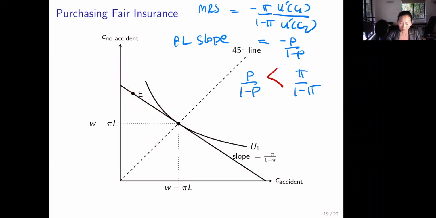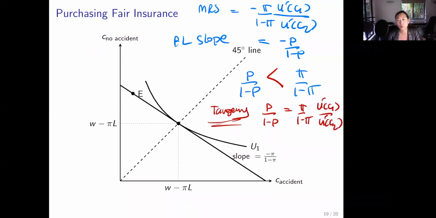Then the tangency condition: MRS has to be equal to the slope of the budget line. If it's not equal, then we're not going to have this result. Instead, with the tangency condition, you need to have p over 1 minus p equal to pi over 1 minus pi times u prime c1 over u prime c2.